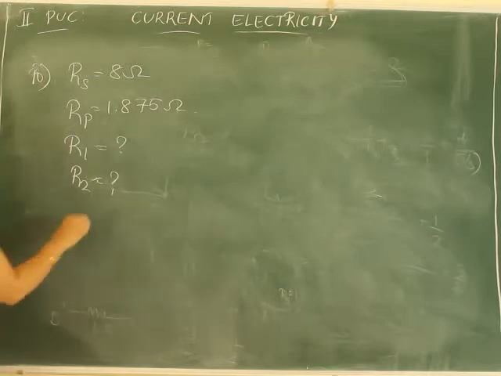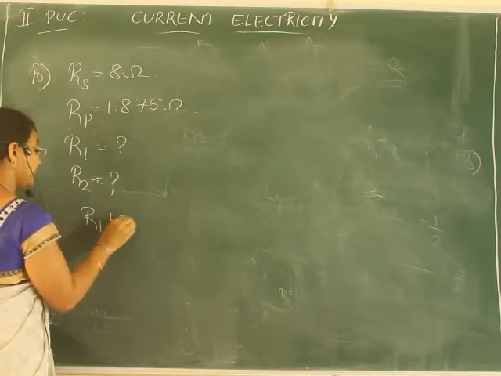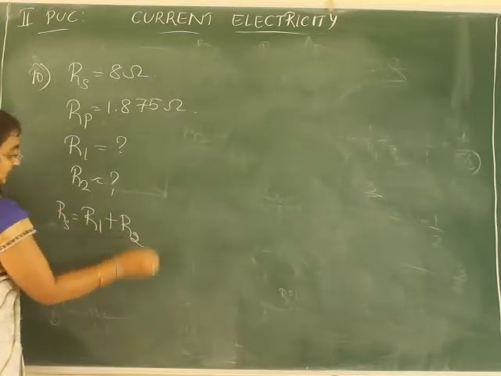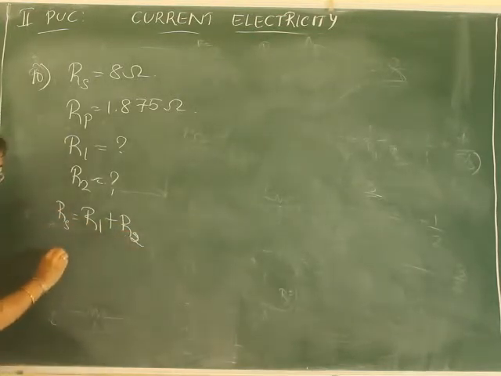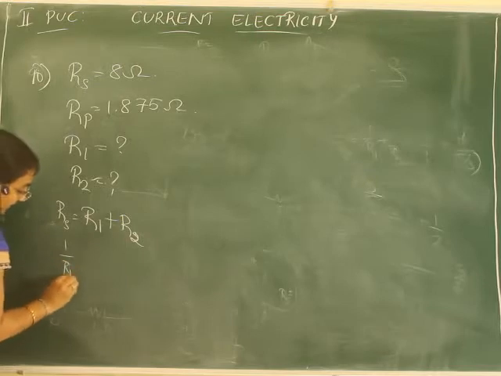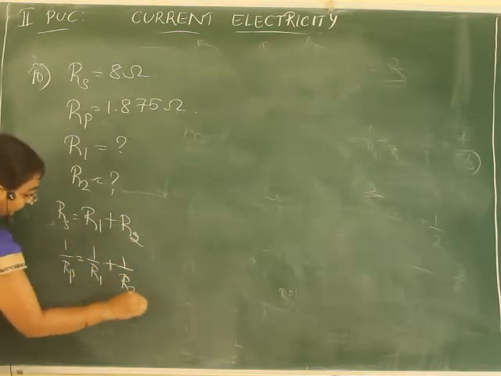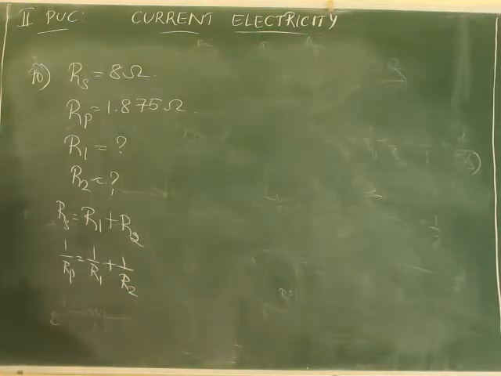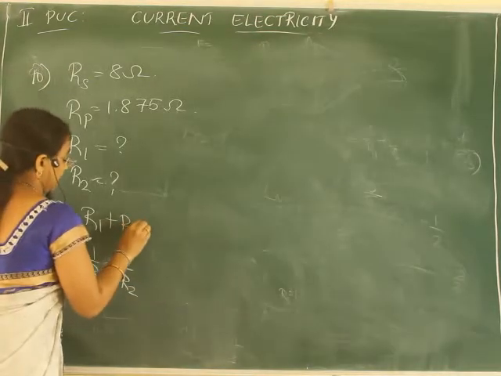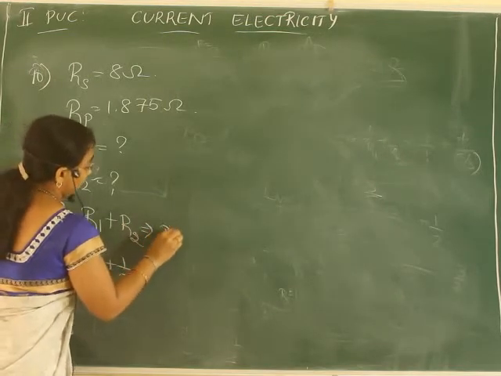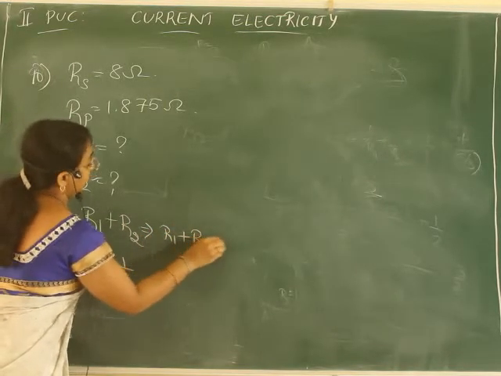See, we know the formula R1 plus R2 is equal to Rs. Correct? And we also know that 1/Rp is equal to 1/R1 plus 1/R2. So therefore, for this, can I write, implies R1 plus R2 is equal to 8 ohm.